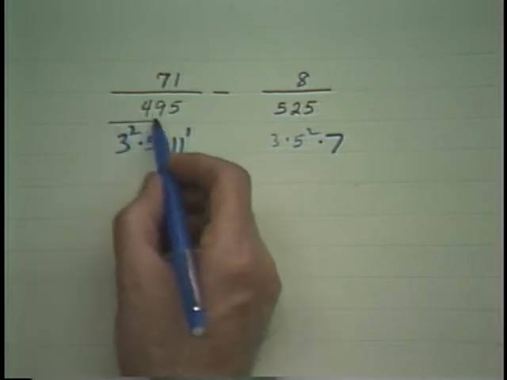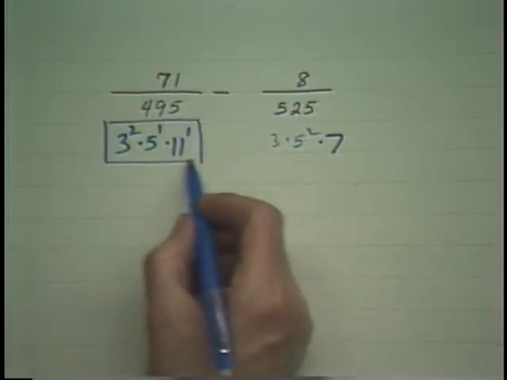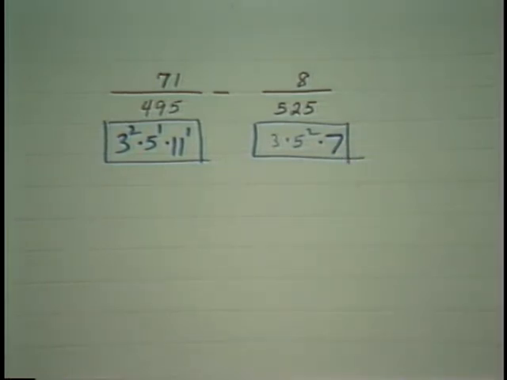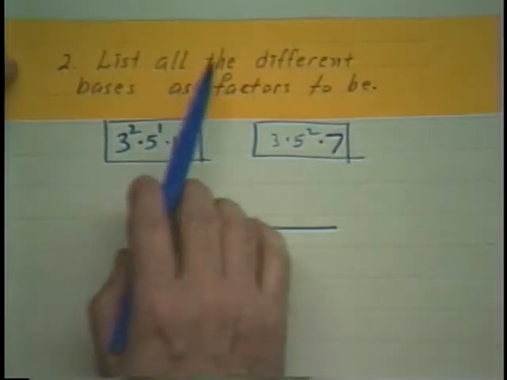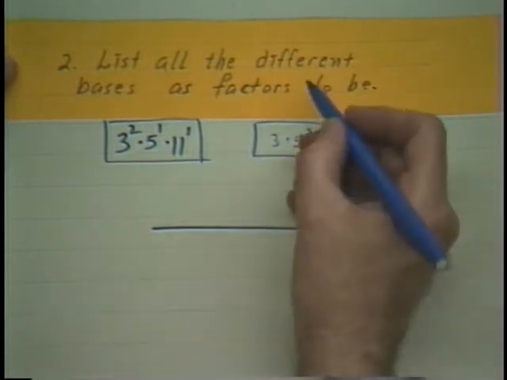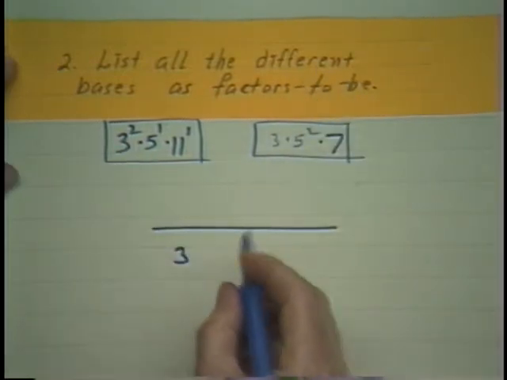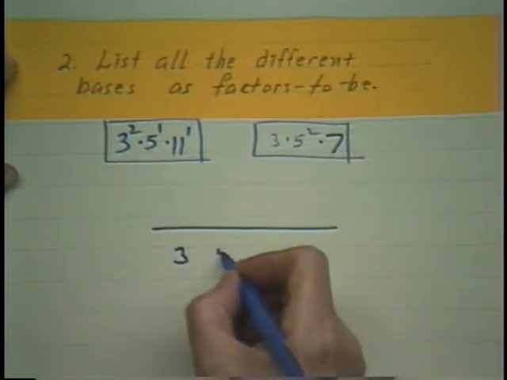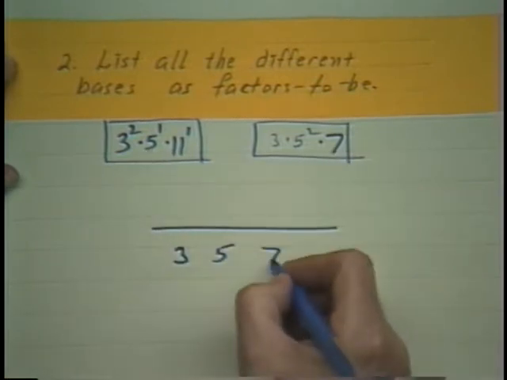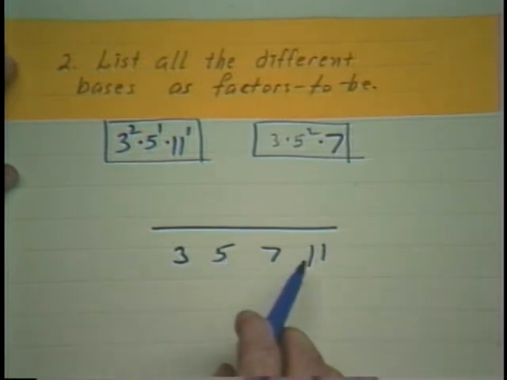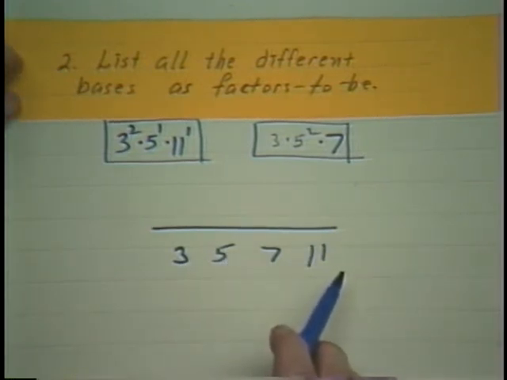Now, to get the least common multiple of these two denominators, which have been rewritten in prime factored form, we list all the different bases as factors. So we need the base 3, we need the base 5, the base 7, and the base 11, writing them in sequential order to keep our thinking more orderly.